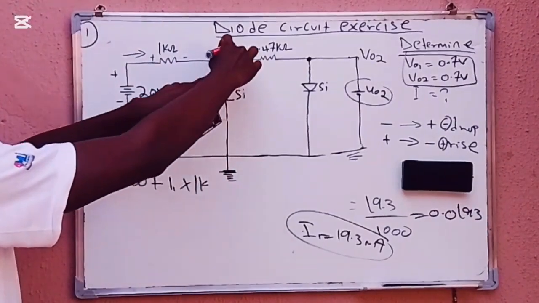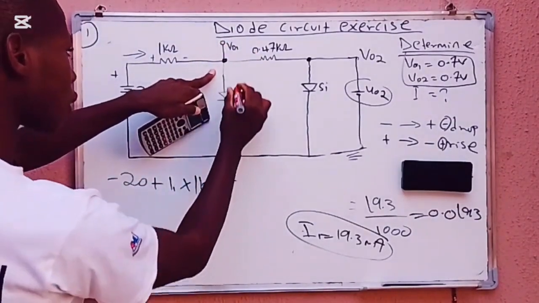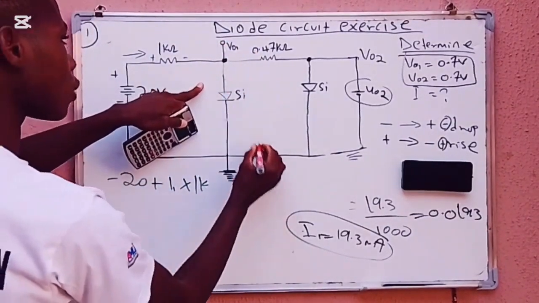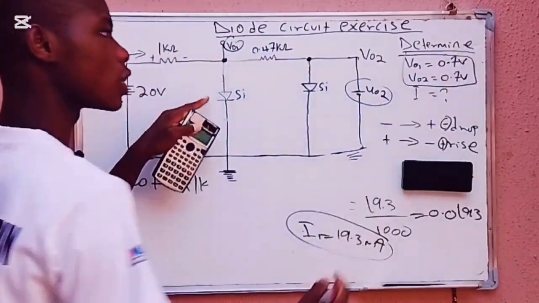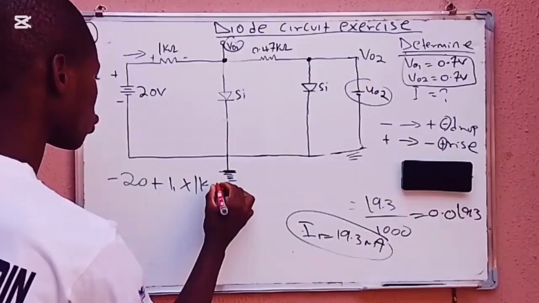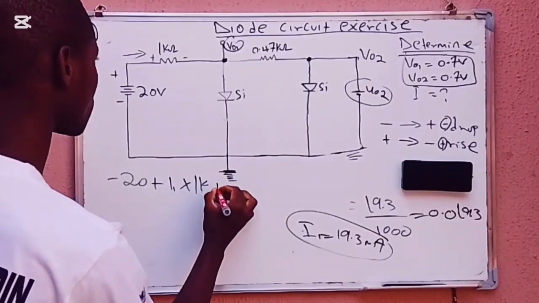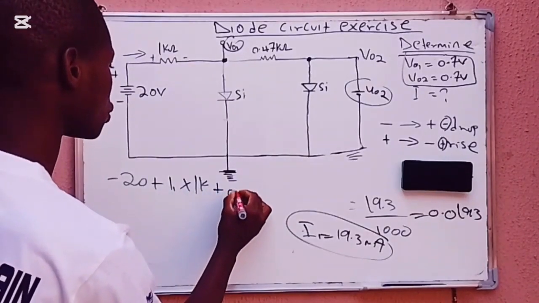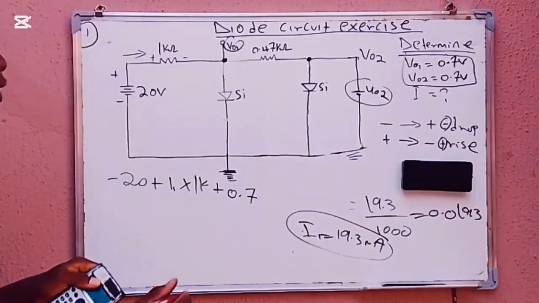What is the value of this voltage? This voltage should be the silicon, the VO1, which is 0.7, and it is rising. So I will say plus 0.7.